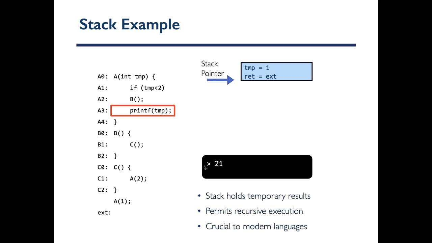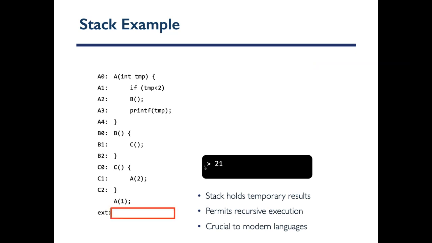So here is where we print 1. So after 2, now we print 1. And we're done here. So again, we're returning from A. Where should we go? Well, we look at the stack. Stack says go to exit. OK, we go to exit. Hopefully that was clear. So this is basically how the stack grows and what the arguments on top of the stack are.